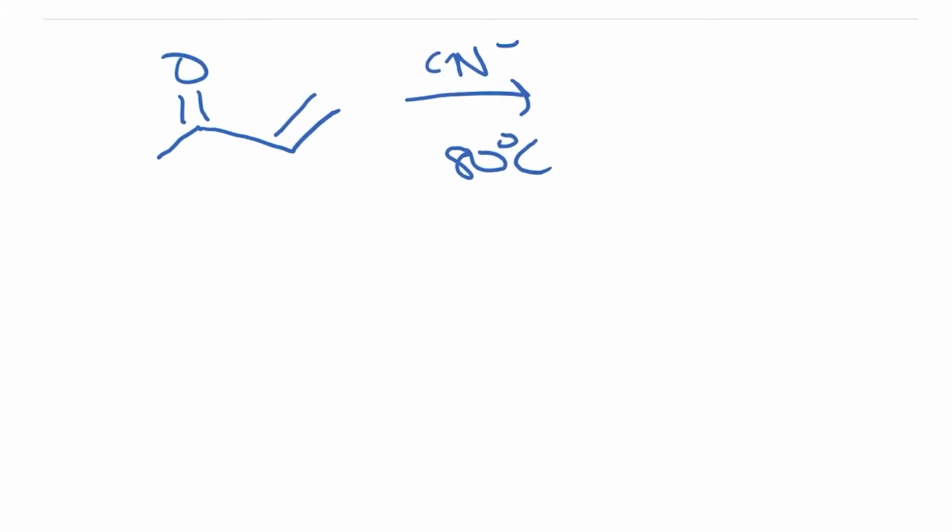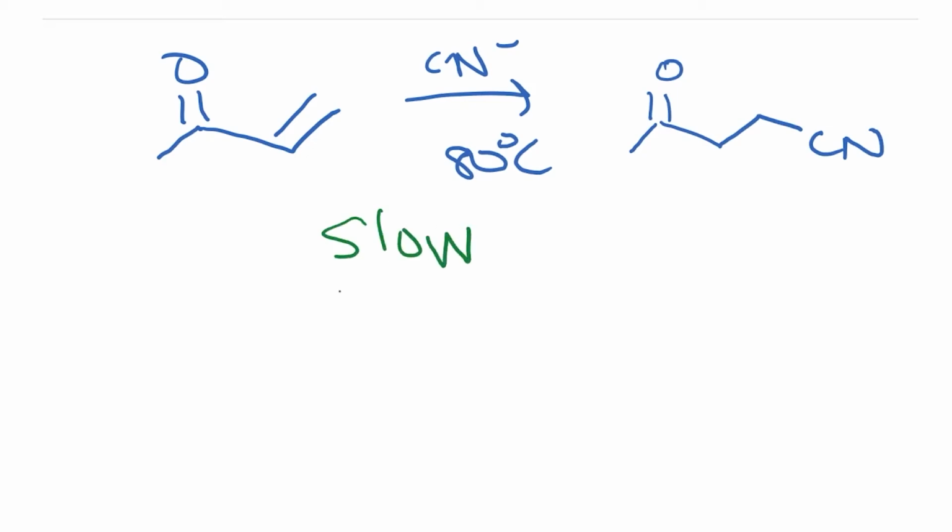Now the importance of reversibility will come now, because at 80 degrees centigrade, when we carry out this reaction, the product that is formed is actually the conjugate addition product. Okay, now what we can suggest, based on the observation, is that this must be a slow reaction.